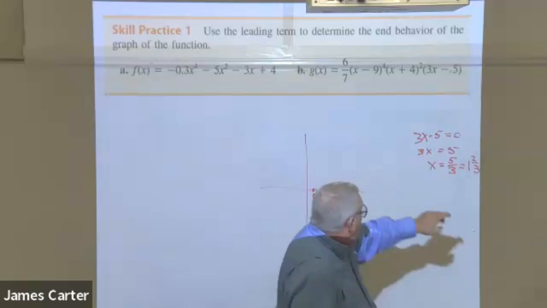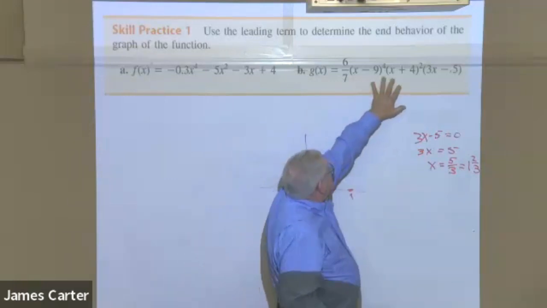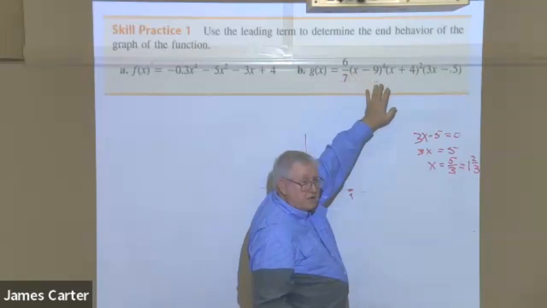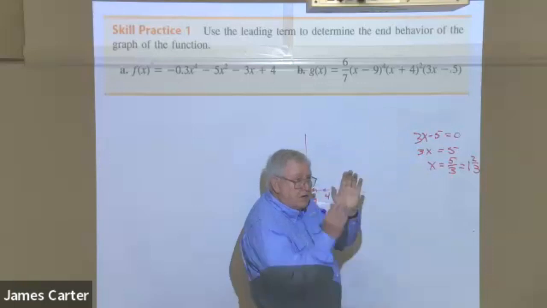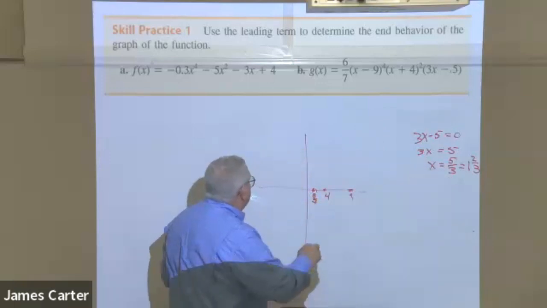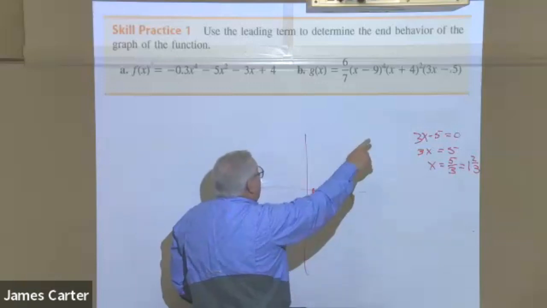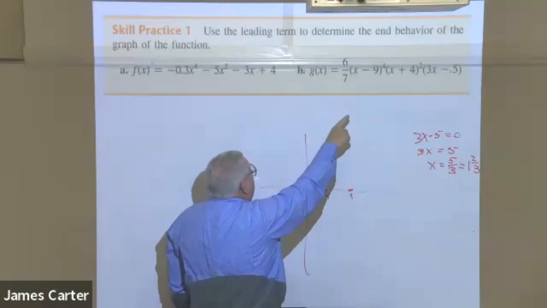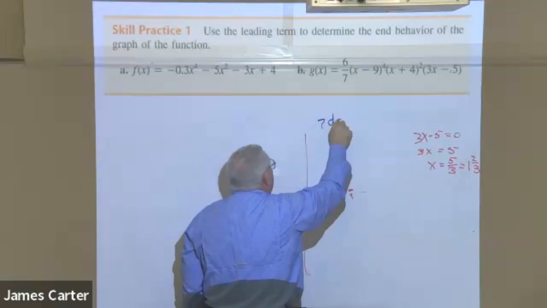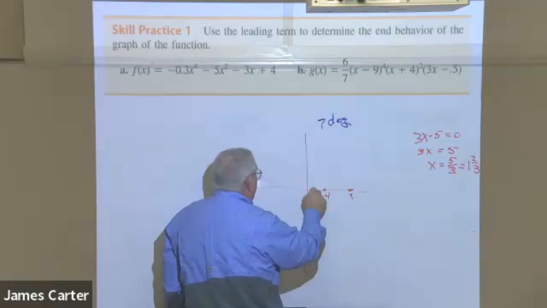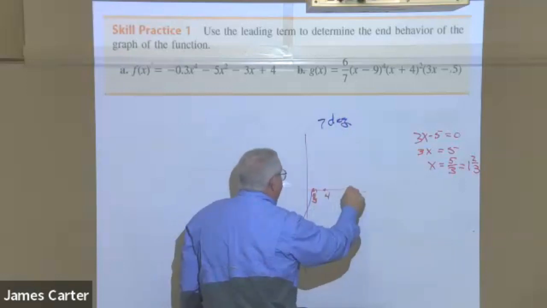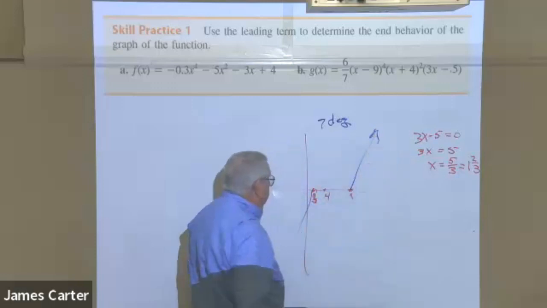If I wanted to know literally what this graph looked like, and I'm not going to worry about this 6/7 right at the moment, because that would affect the steepness, make it spread out a little wider. But basically, if this has a total of 4, 6, 7 power, 7th degree, then I know that this thing has to start low, and I know that this thing has to end high.